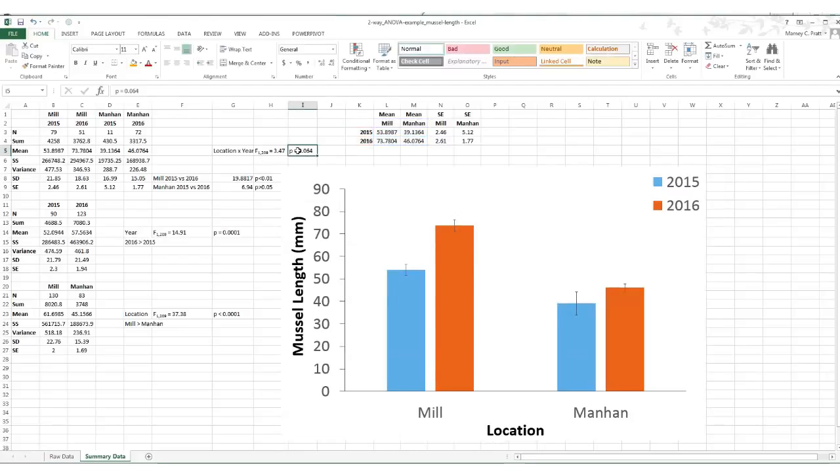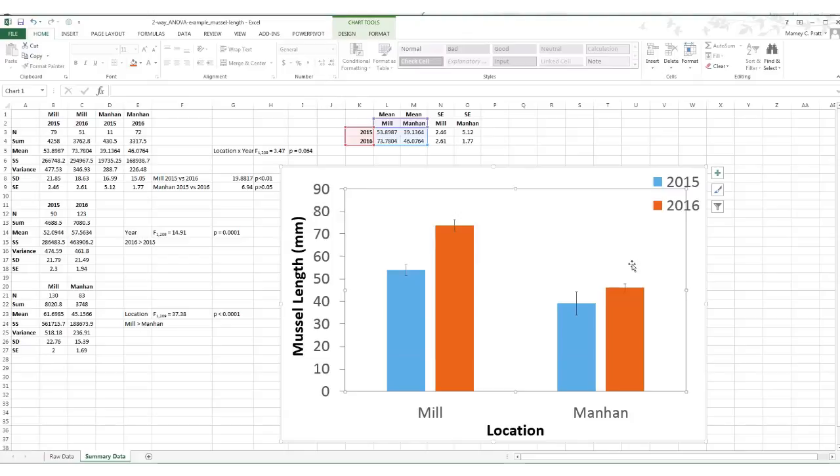If we had a truly significant interaction term, you can do things like put different letters on the ones that are different. So let's say that these two values were the same. I'm trying to remember if this one is significantly different from these two. I don't remember, because I haven't done that value. But let's just say these two were not significantly different from each other. You could put a little A above each of those.